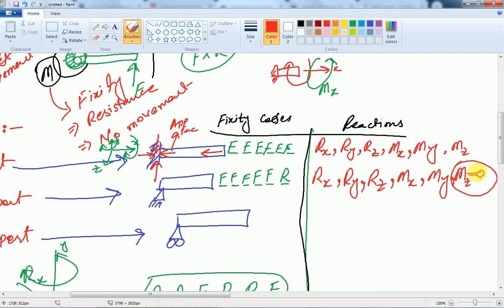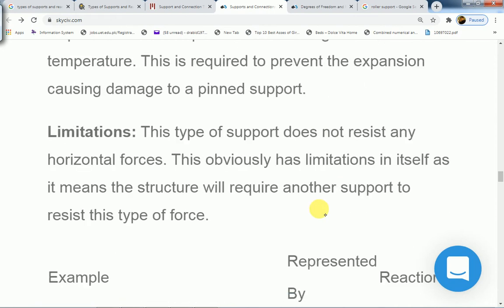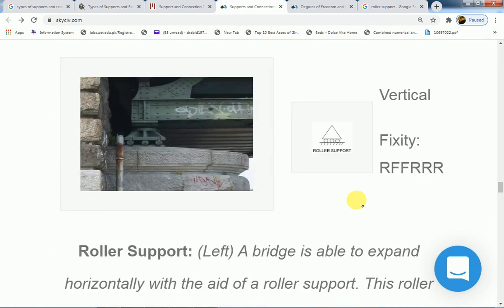And for the roller support, let me summarize directly from here. For the roller support, as translation is permissible in the x direction, it is released, and this body cannot travel vertically downward or upward, so it is fixed.